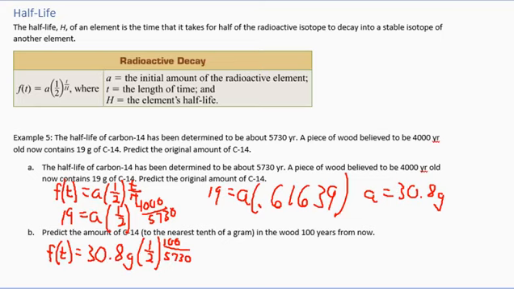This is a straightforward calculation. You can do 1/2 to this power and then multiply it by 30.8, and you get 18.8 grams. And that's it for this lesson, some uses of exponential functions.